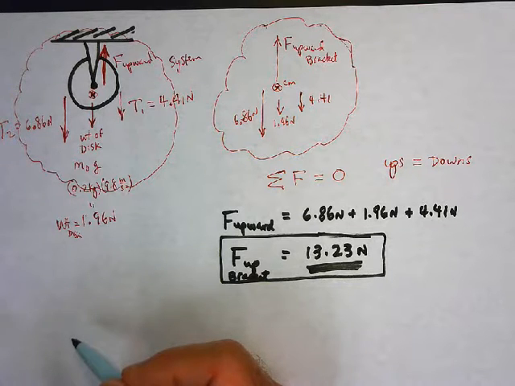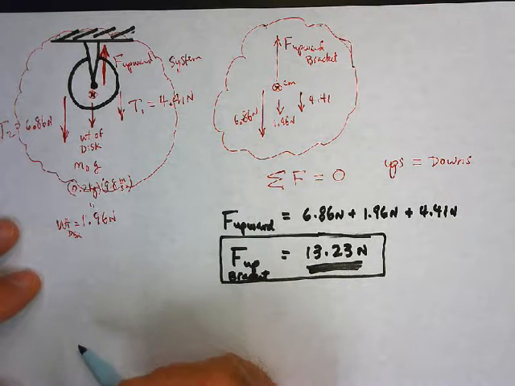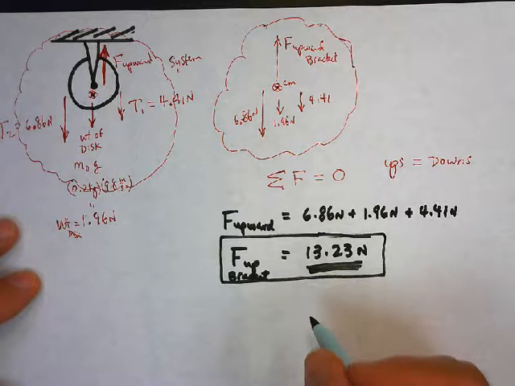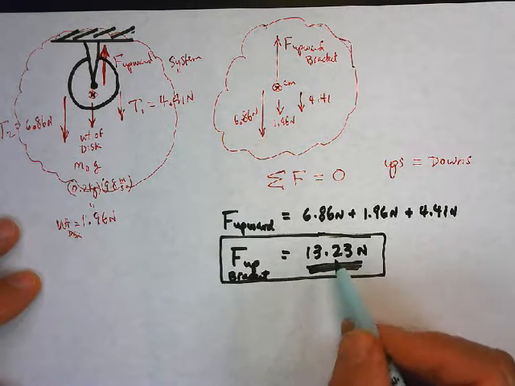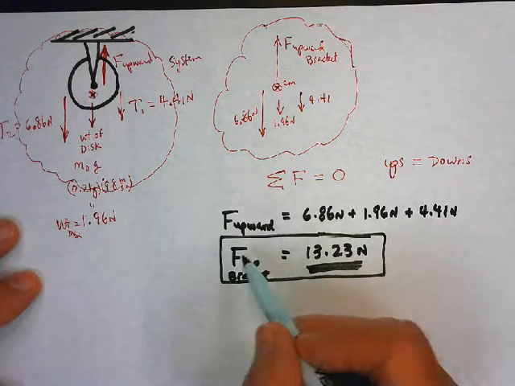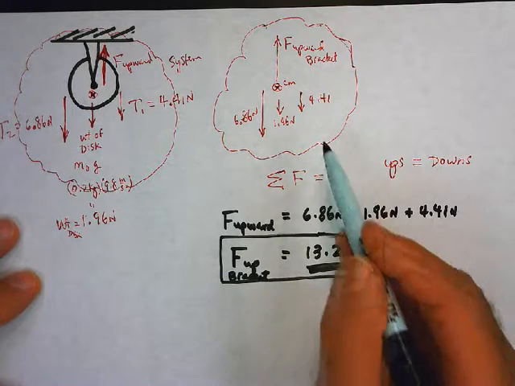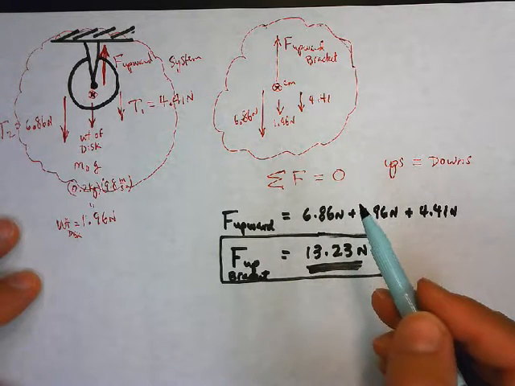If we add up the three weights, we would get 13.72 newtons, which would be more than the upward force of the bracket while the system is accelerating.